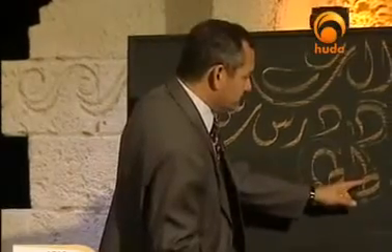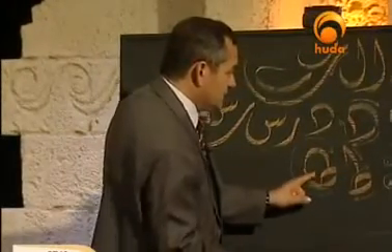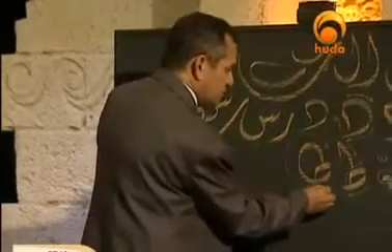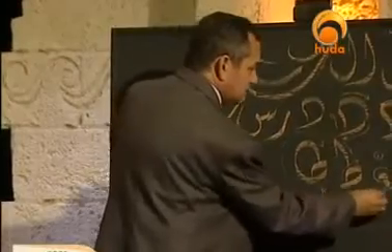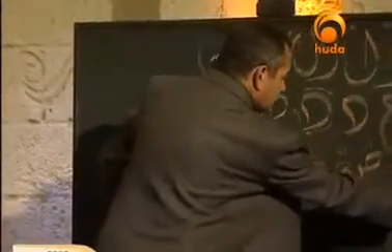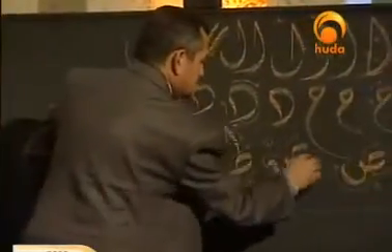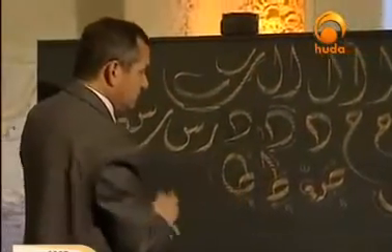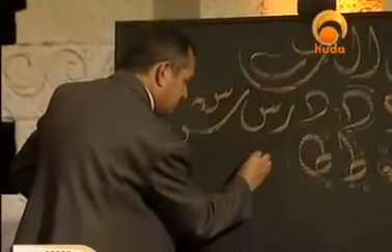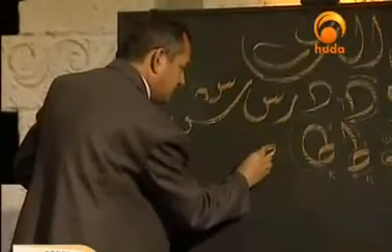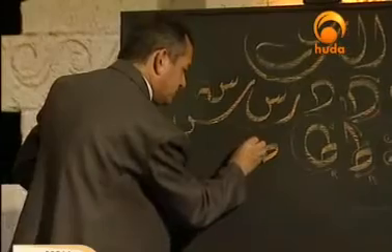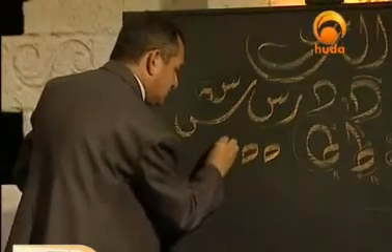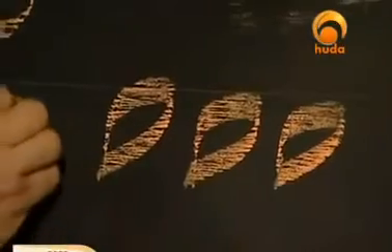It looks also very nice and simple. Here ta, and we can see the relation between this letter and this letter and 2 letters here, sad, dad, ta, or dha. In the beginning, the same. We can see the same shape of sad and same shape of dad and same shape of ta or dha.